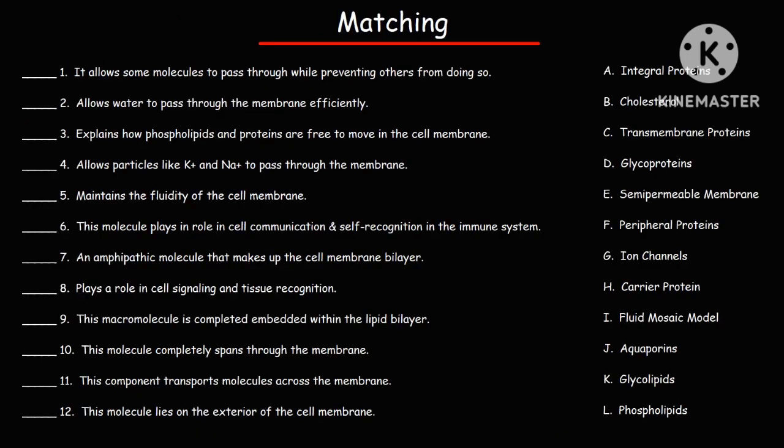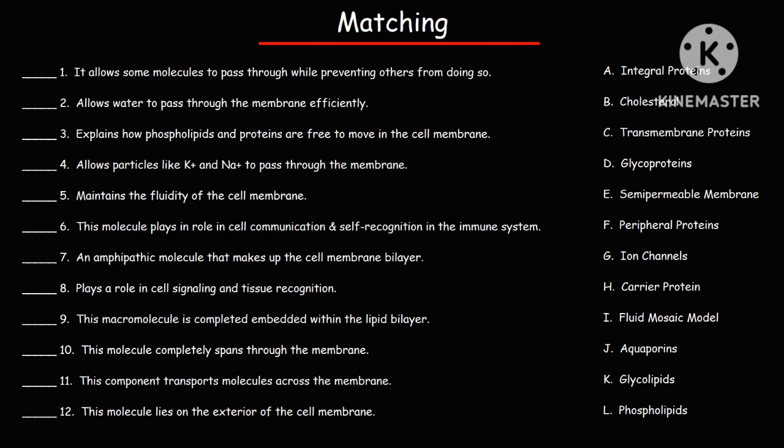Now let's work on some matching problems. Feel free to pause the video and work out these questions for the sake of a review. So let's go ahead and begin. Number 1. So this allows some molecules to pass through while preventing others from doing so. So which word best describes that sentence?